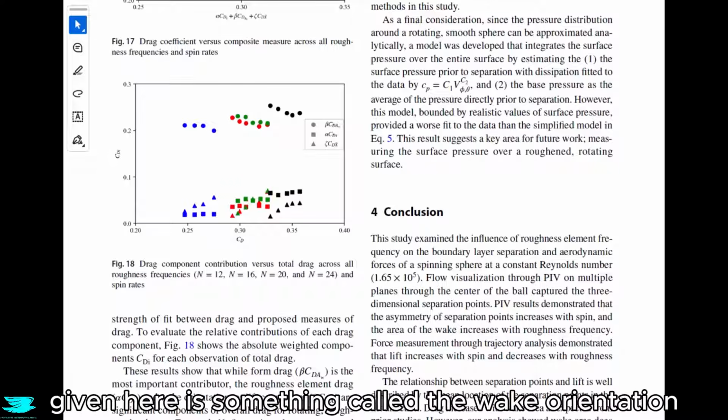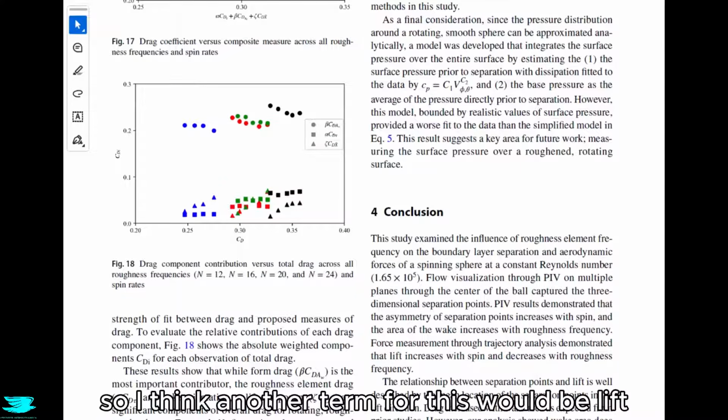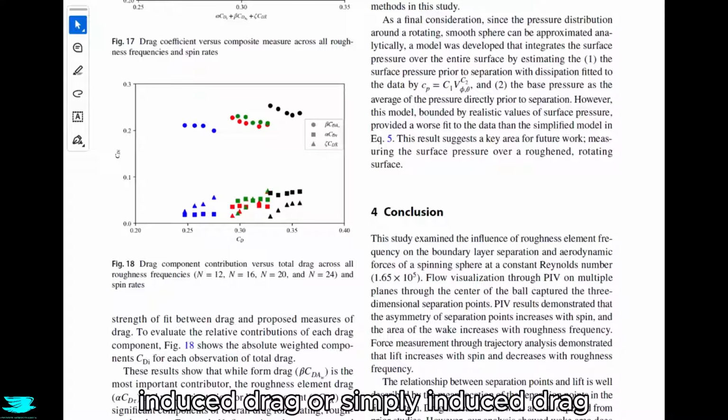The third type of drag given here is something called the wake orientation or lift component of drag. Now this one is very interesting. What this effectively means is that when the ball produces lift, the force it produces isn't exactly in the vertical direction. It's actually tilted a little bit, and part of it is in the drag direction too. This is literally like lift-induced drag you get on wings. So I think another term for this would be lift-induced drag, or simply induced drag.